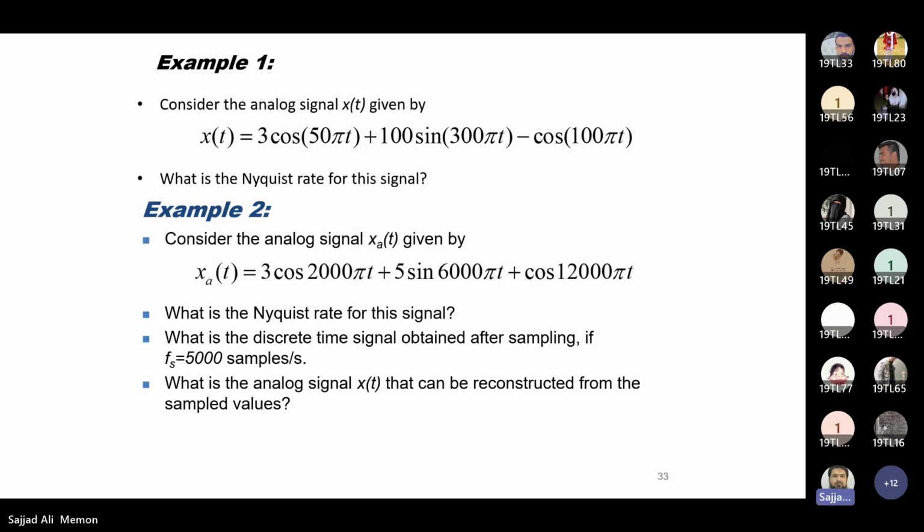If x of t is equal to 3 cos 50 pi t plus 100 sine 300 pi t minus cos 100 pi t, what should be your Nyquist rate or the sampling frequency if x of t is the given analog signal? Anyone?